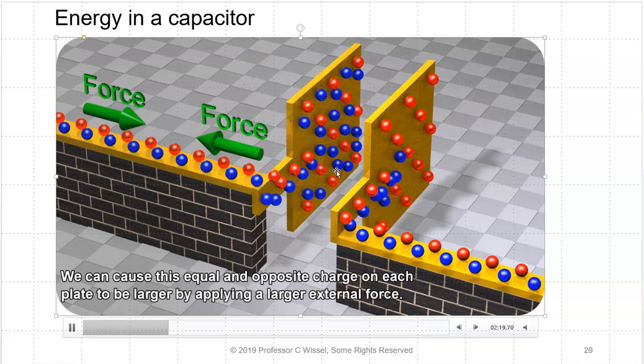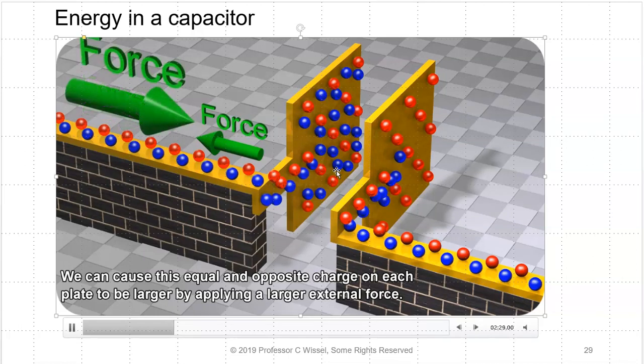We can cause this equal and opposite charge on each plate to be larger by applying a larger external force. In other words, we're connecting a battery with higher voltage.